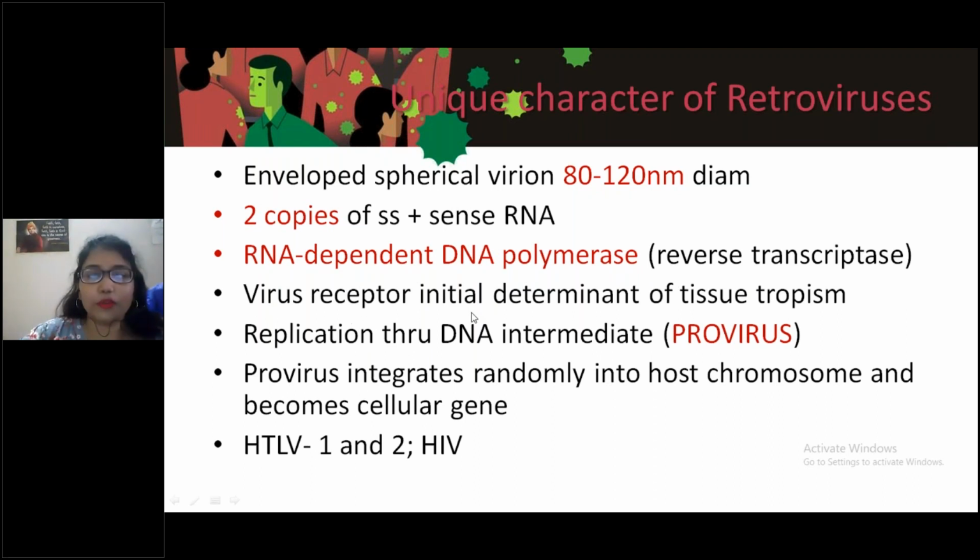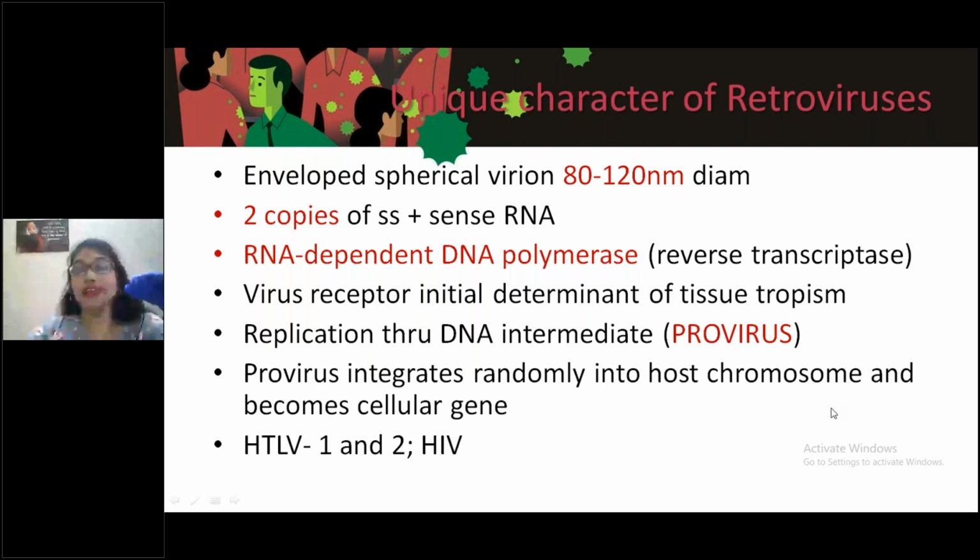And there is a virus receptor, which is the initial determinant of tissue tropism. And there is replication through a DNA intermediate. That particular DNA intermediate is known as the provirus, and this integrates randomly.